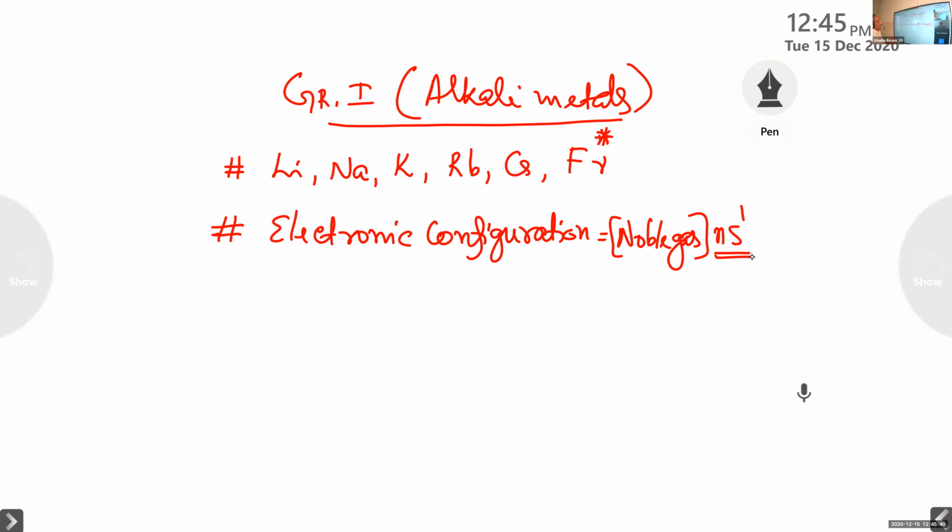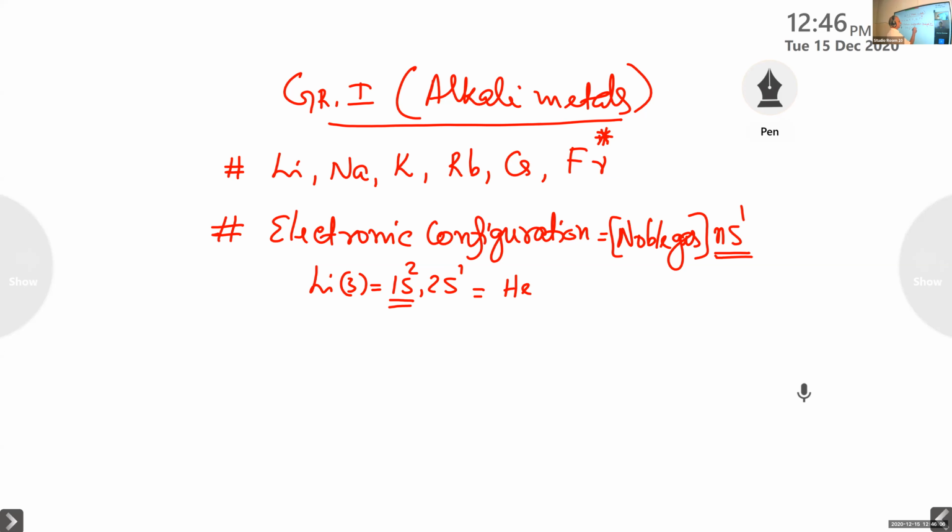We can take two examples to illustrate this. Say you take lithium, atomic number 3, and the configuration is 1s2 2s1. What is 1s2? 1s2 is the configuration of the noble gas helium.